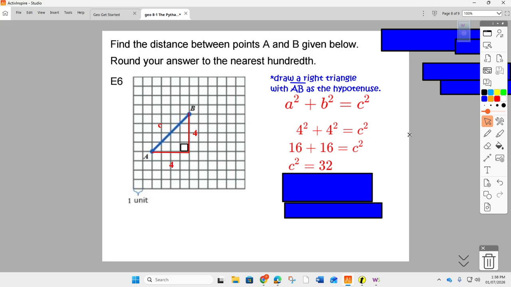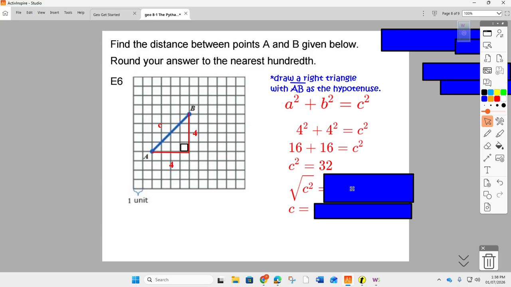So do we know what C is yet? No. What are we going to do to find C, Sharad? Yep, take the square root. When we do, we get C, which is what we want. But we also have to take the square root of the other side of that equation, right?